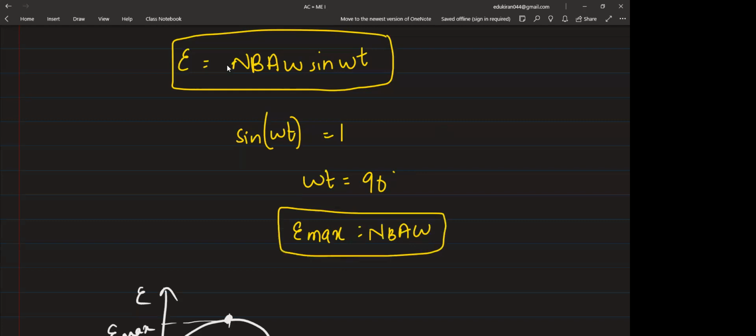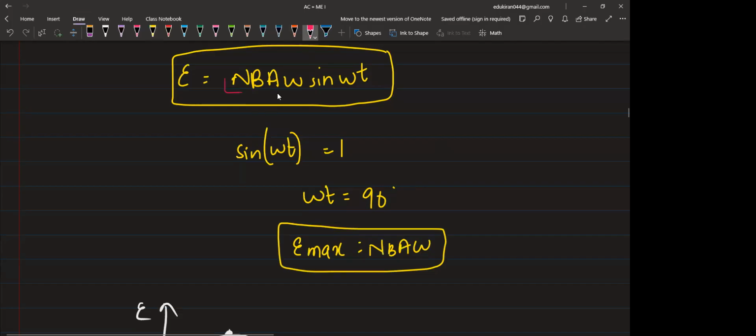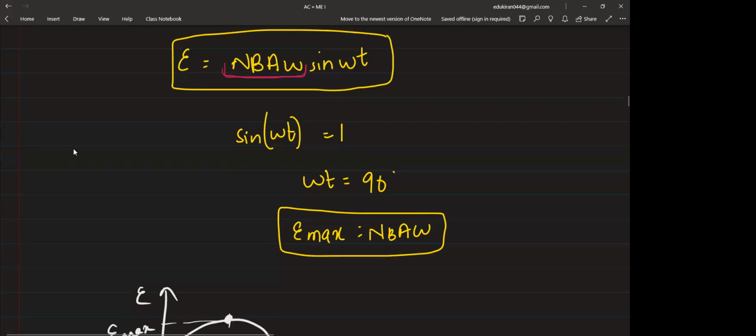This is called the peak, the maximum value. So you can write this as E naught sine omega t. E naught means the peak value. Similarly, current will be written as I naught sine omega t.